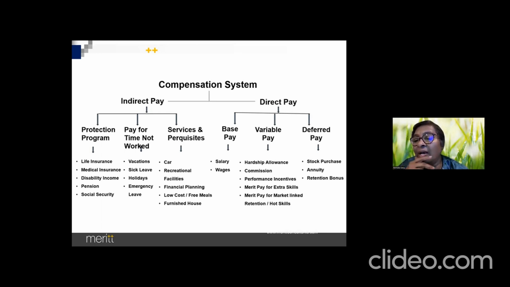It could be a very high critical position, at a lower level also, or a very strategic position. Till the time your successor is trained, he will need at least that much time, so you will have to retain this guy for at least 3 years or maybe 5 years. That's called retention bonus.